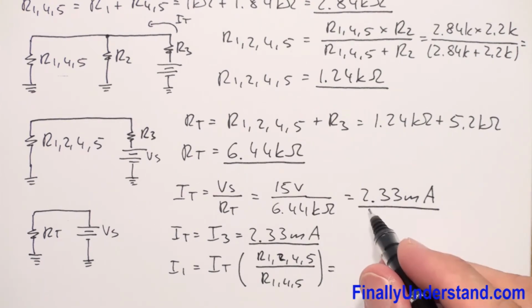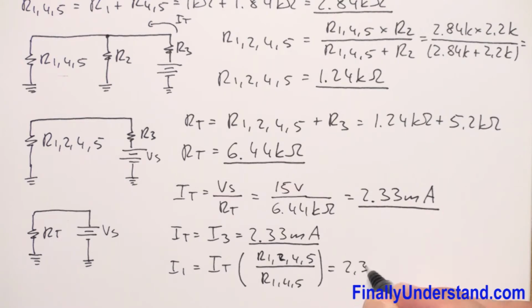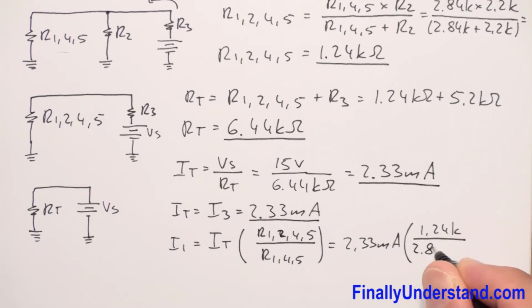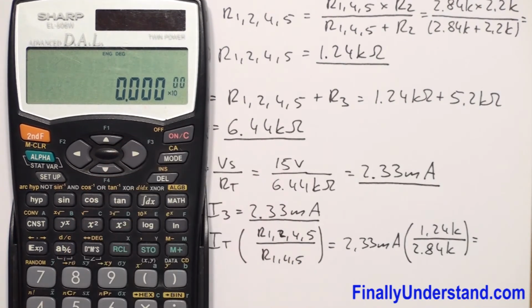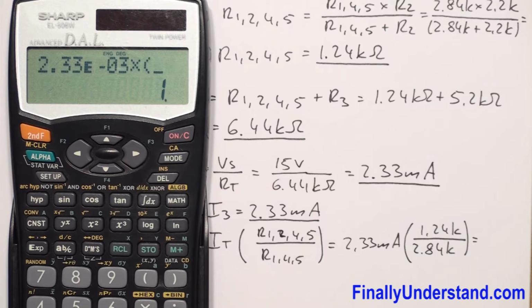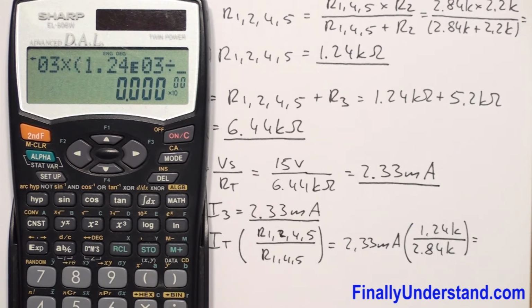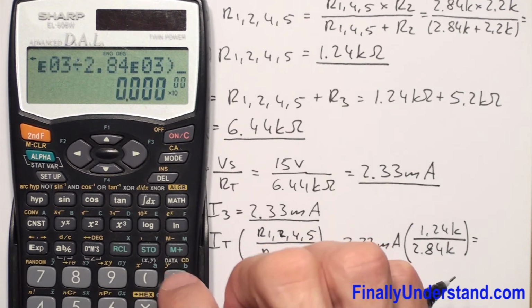I total, we found, is equal to 2.33 milliamps. So I have 2.33 milliamps times R245, we found this is equal to 1.24 kilo ohms, over R145. R145 is equal to 2.84 K. This is equal to 2.33 × 10⁻³ times open parenthesis 1.24 × 10³ divided by 2.84 × 10³ close parenthesis.